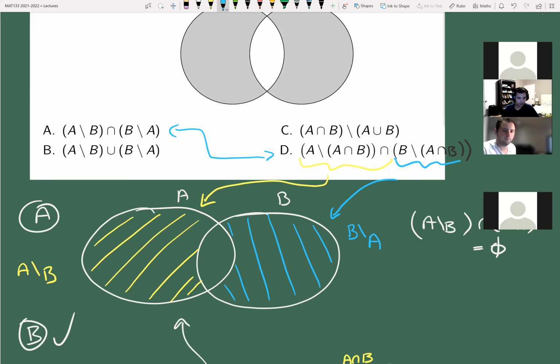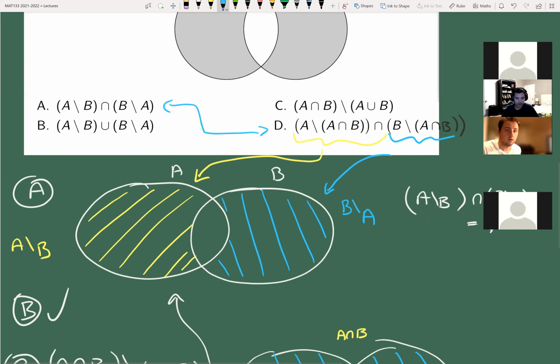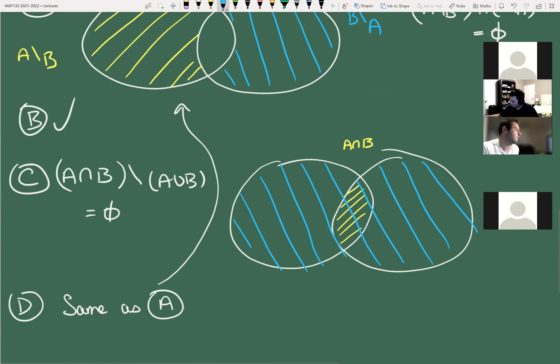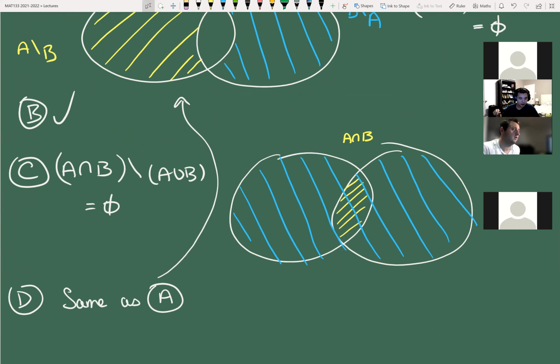If it was union in D, would this be correct? Yes, absolutely, it would be. Why is C empty? Okay, so the yellow stuff is A intersect B, right? That's the yellow stuff. And then we're going to get rid of the blue stuff. And you'll notice that the blue stuff includes all the yellow stuff, right?